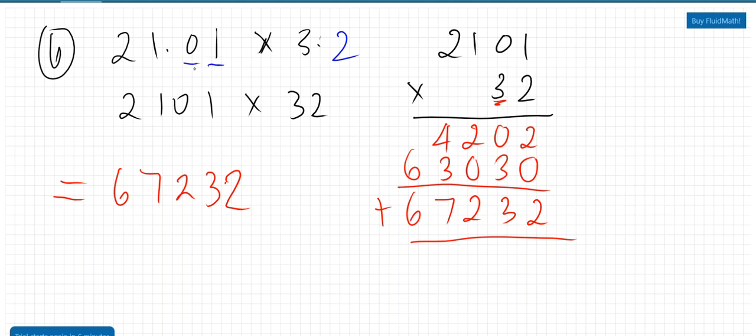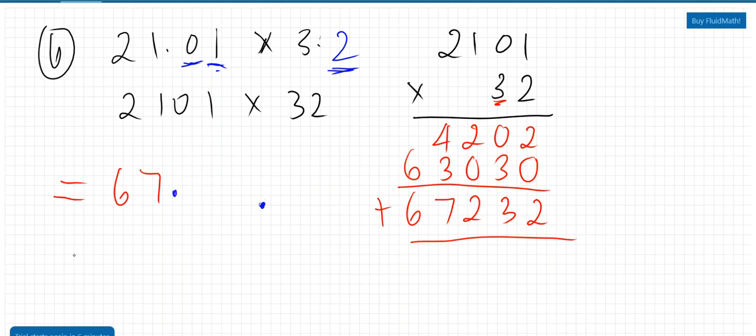In total, I've got 1, 2, and 3 numbers after the decimal. Now, in my answer here, my decimal point is sitting right there. I've made it visible. Now, I have to bring it back 3 times because in my question, I had 1, 2, 3 decimal places. So I have to go 1, 2, and 3.